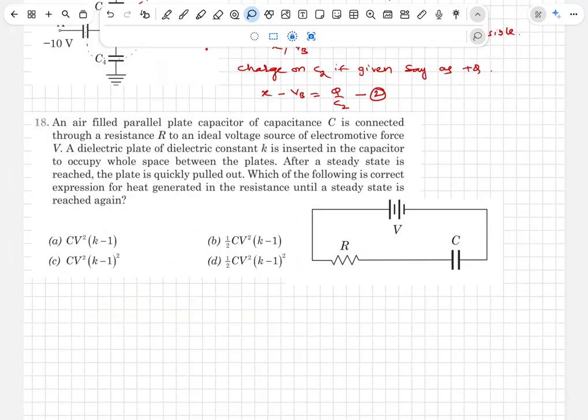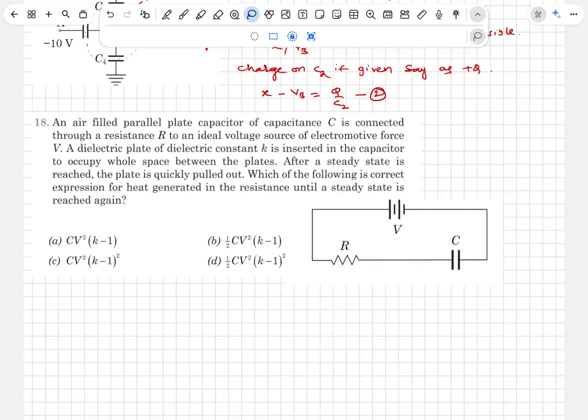So you have an arrangement here: an air-filled parallel plate capacitor of capacitance C, which is connected through a resistor R to an ideal voltage source whose EMF is V0.